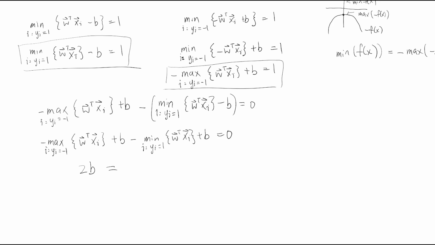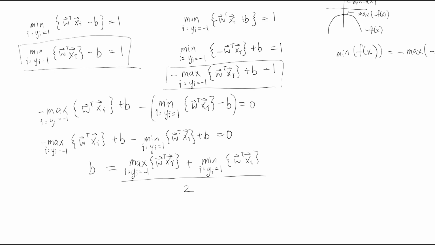And then I move the max and the min onto the other side. So it's going to be max of W transpose Xi, where the maximum is over i such that yi equals minus 1, plus min over i such that yi equals 1 of W transpose Xi. And then if we want to get rid of the 2 here, we'll just do it over 2, all of that over 2.